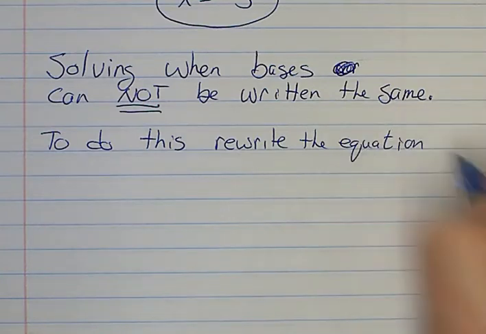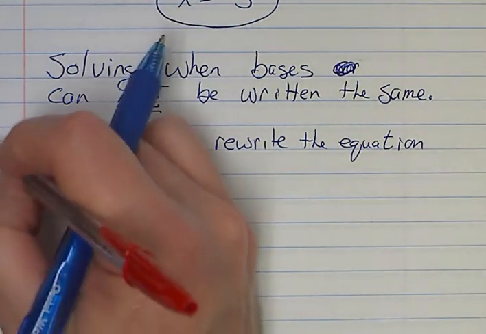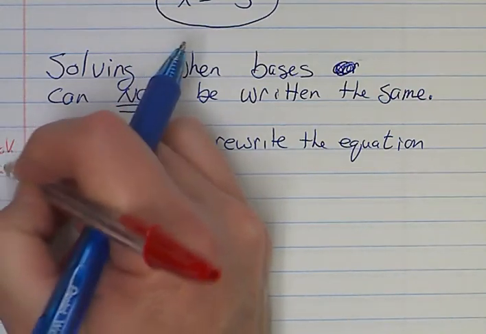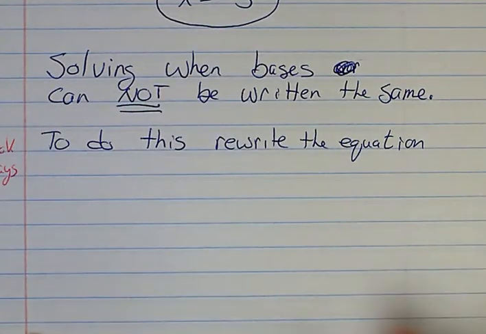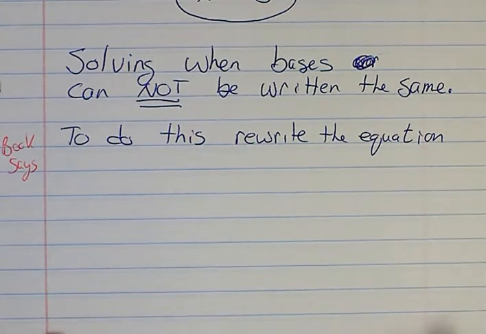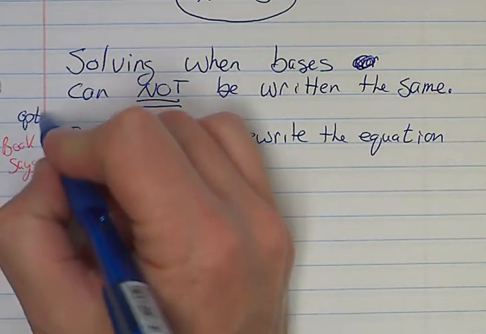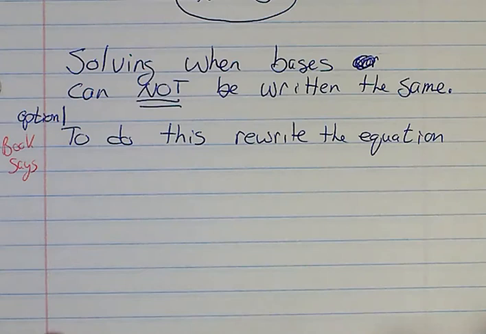So here's what the book says. We'll call this option 1 because, well, that's the first option. This is what the book tells you to do, but we're not going to do it this way.